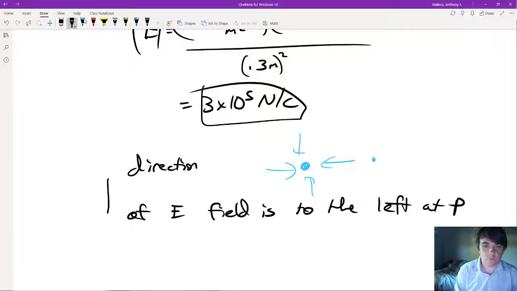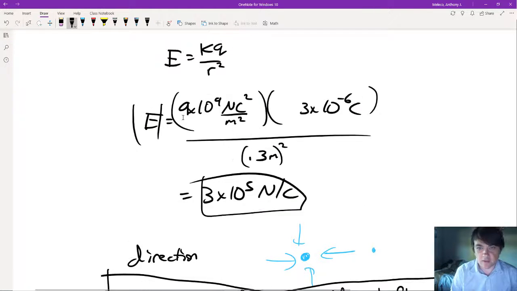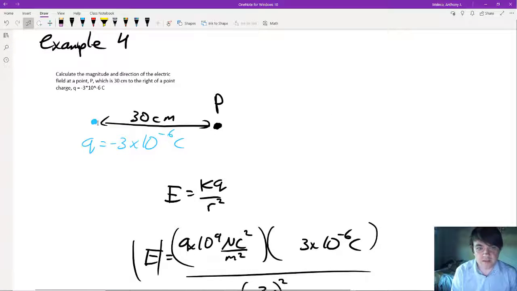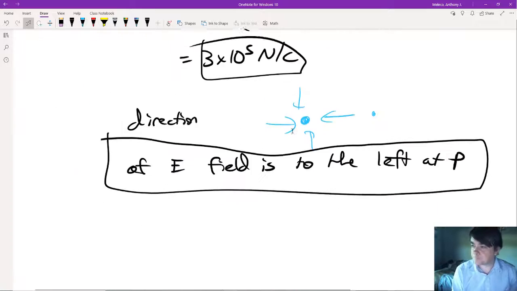And so these are our two answers. If I had left the negative sign on there, the negative would have told us, hey, this is the origin, Q is the origin, and it's pointing to the left, because to the right is inherently positive, okay, in this setup. So, kind of a short example.